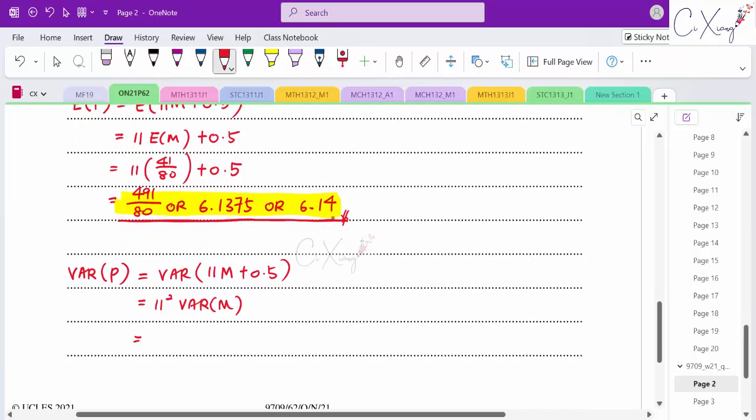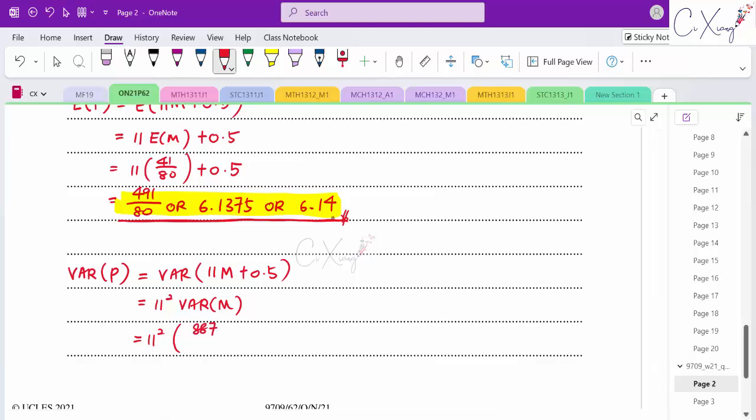Okay, then just substitute the value that you got just now. So 11 squared multiplied with the variance, which is this from part A. Then again, press the calculator, and I think you will directly get a very long decimal value. Then please cut it short into 3 significant figures. By right, you should be getting 0.688.